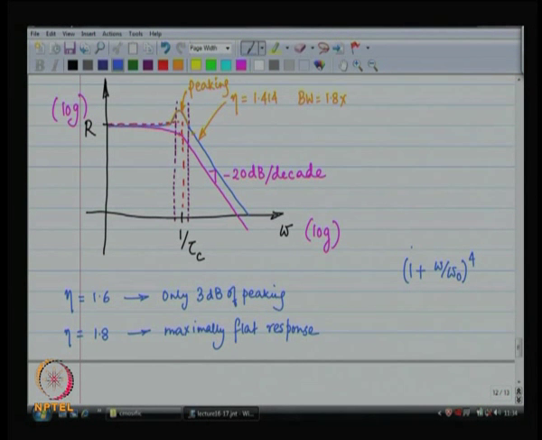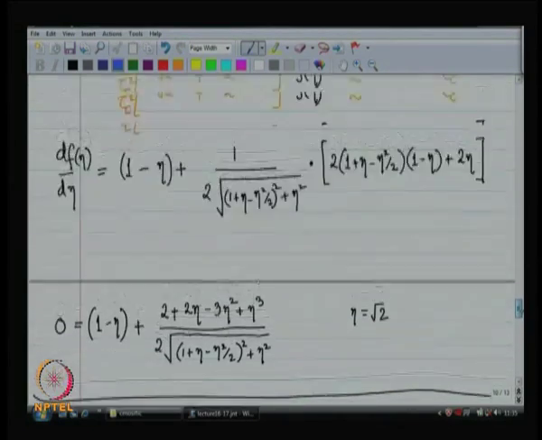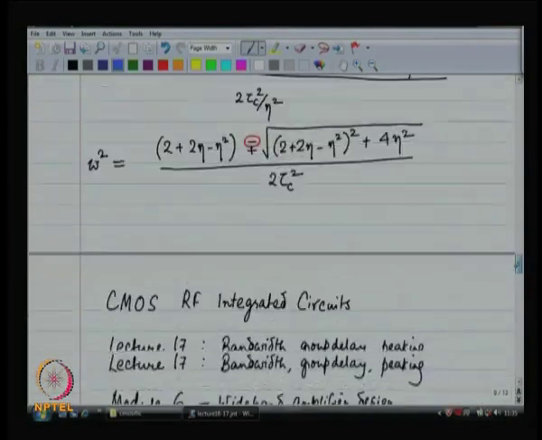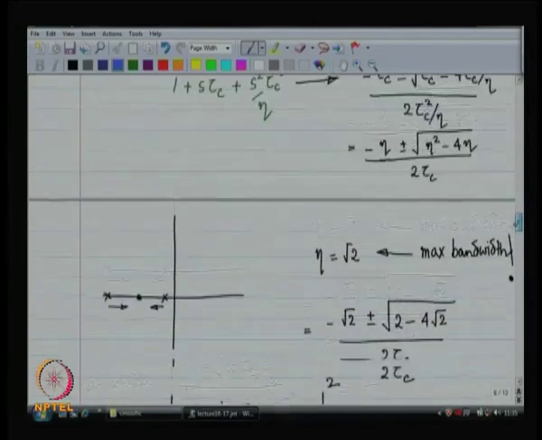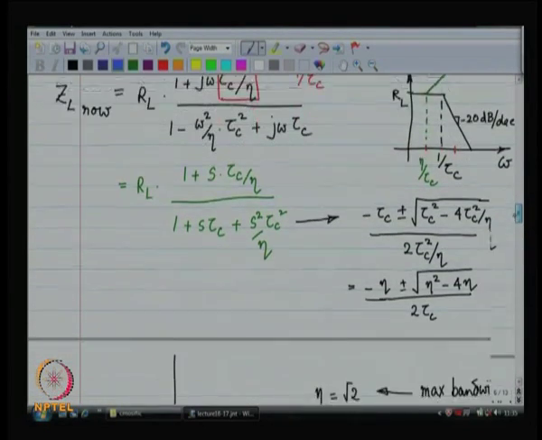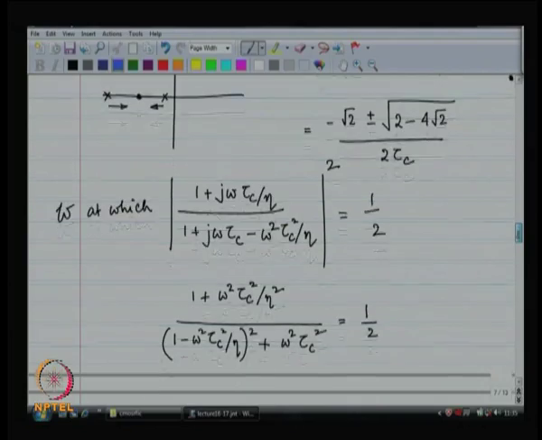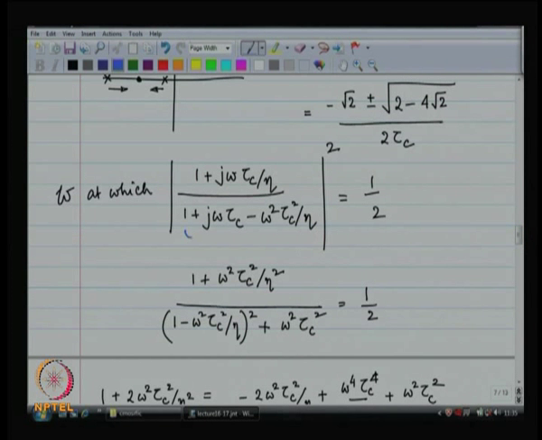This is the magnitude squared of the denominator polynomial. That will give me maximally flat. Our current magnitude squared looks like this.